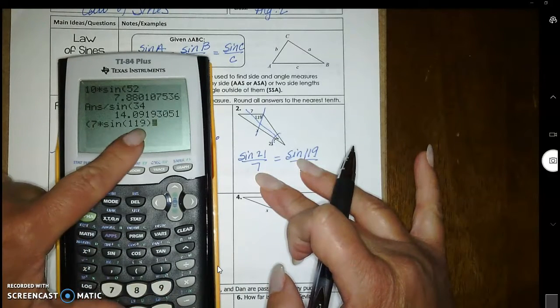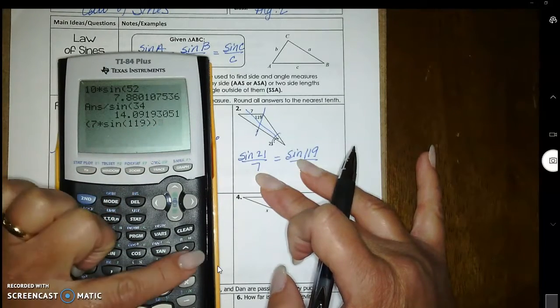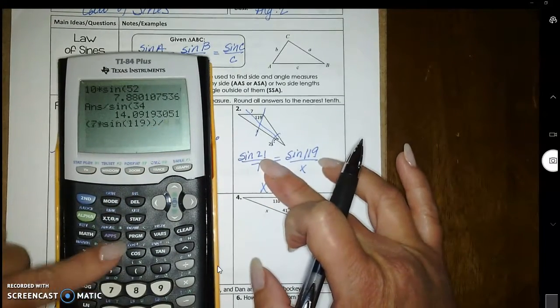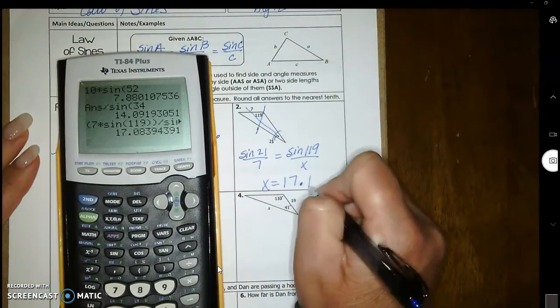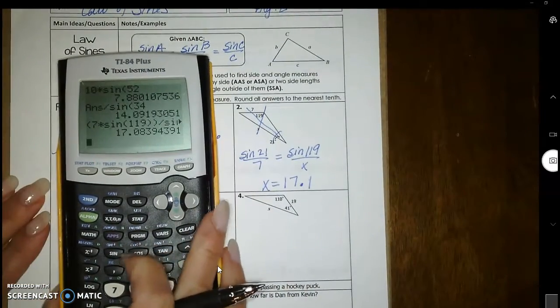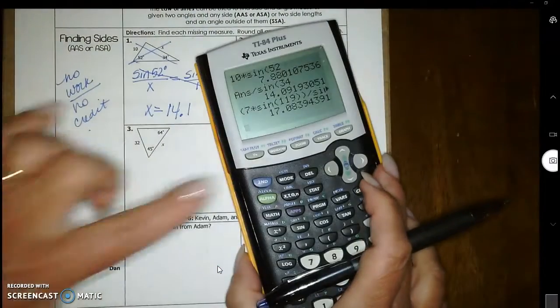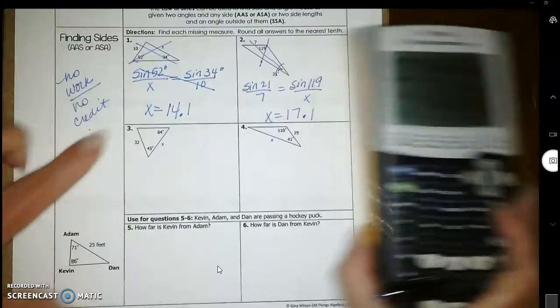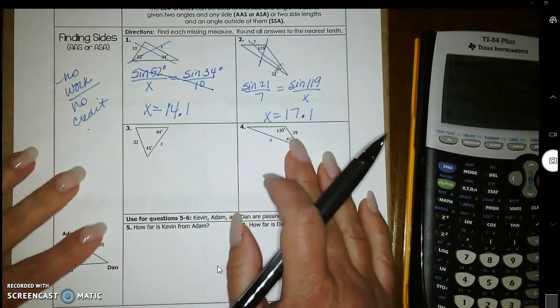I just need to make sure that as I close the parentheses for the 119 degree angle, I close my parentheses for the numerator, okay? And I'm going to divide that by the sine of 21. And I get 17.1 this time to the nearest tenth. Again, no work means no credit. It doesn't mean you have to tell me every single teeny tiny little decimal. It just means you need to show me the setup and how you get your answer, okay?